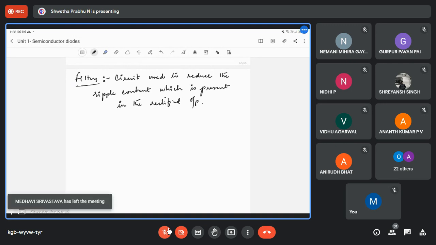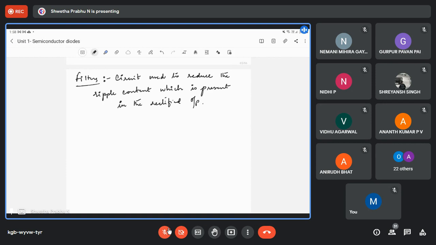You can't reduce the ripples to zero. You can only reduce the ripples, but the ripple content will not be zero. So in order to obtain smooth DC, it is necessary to filter out the ripple content.